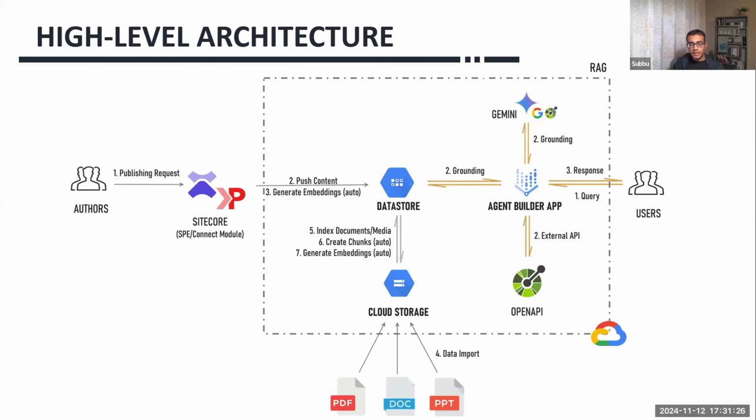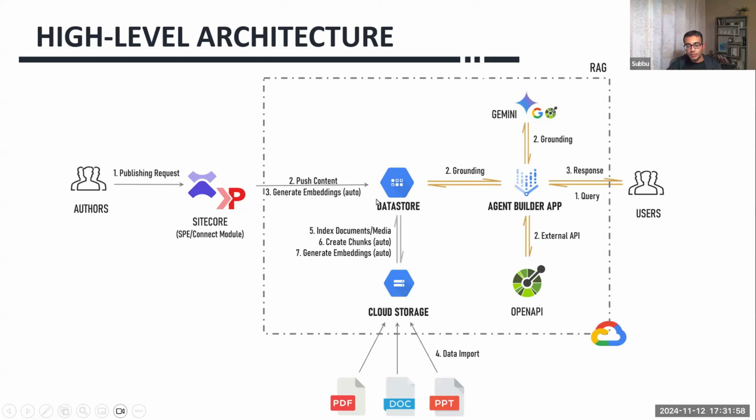Once you select those configurations and publish the content, it pushes that into the data store in the JSON format expected by Google. It also generates the embeddings automatically, so we don't have to do any additional work in Google to generate them. But in the case of Azure OpenAI, you have to generate the embeddings using the embedding model, meaning you'll have to pay for the model and build some logic to generate the embeddings, which is not complex.